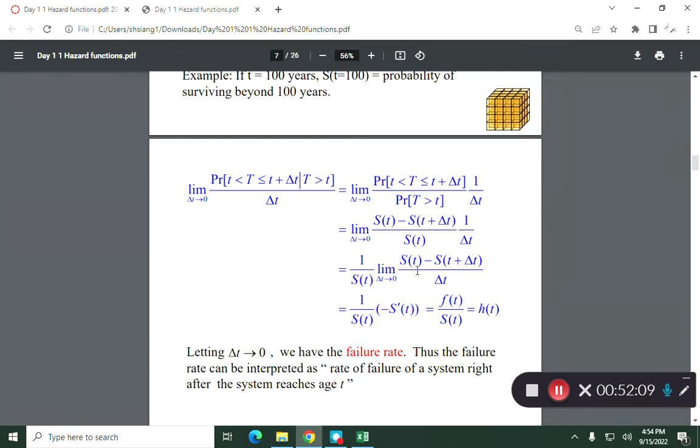Hey, I'm at S(t) and I drop to S(t plus delta t), so I drop this much, and the difference of drop happens during that window delta t. So everybody agree with me? This is almost like a speed, a ratio of drop over delta t. And if this is a ratio of drop, we call this the derivative of S(t).